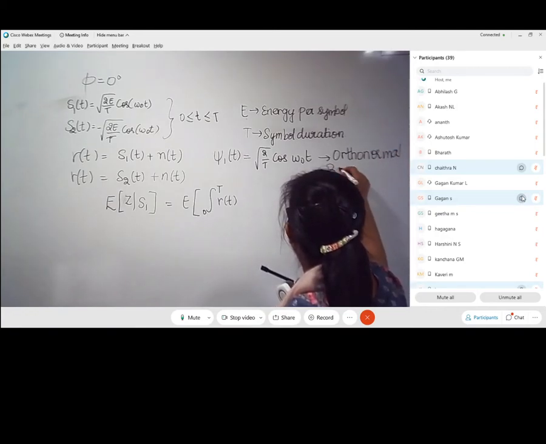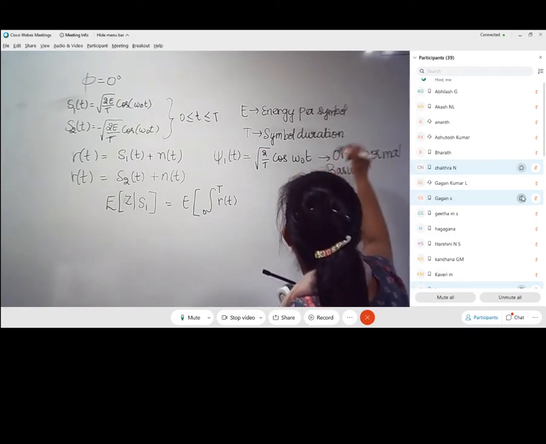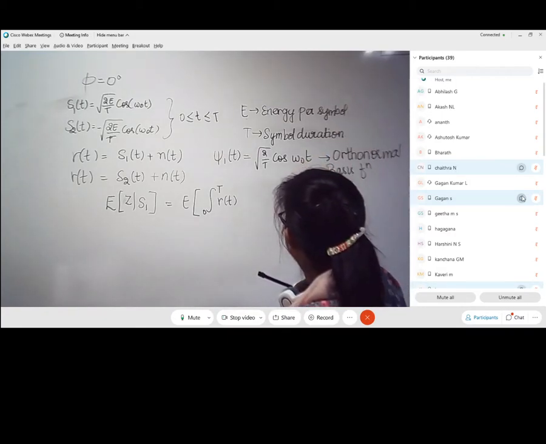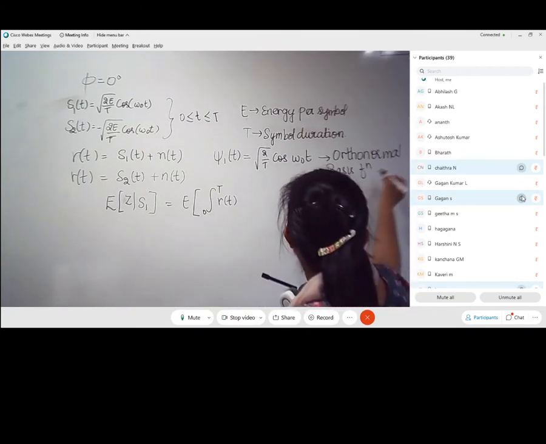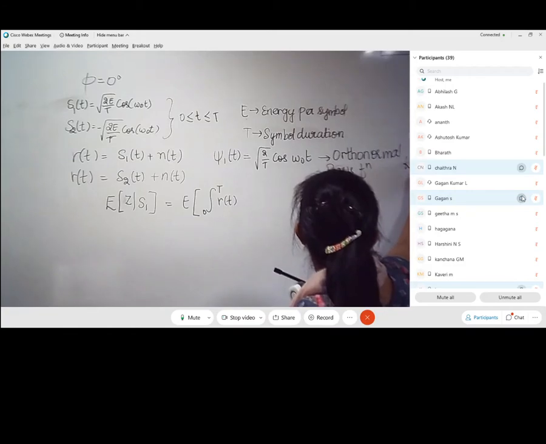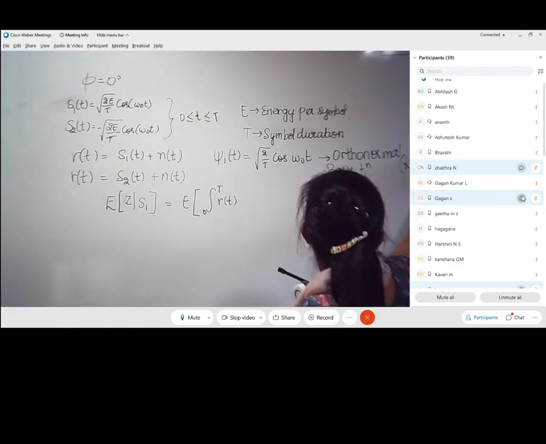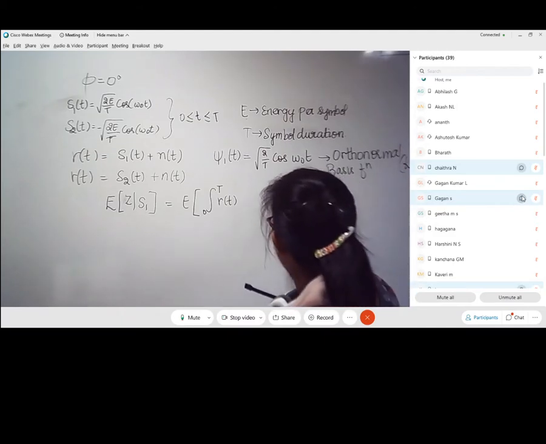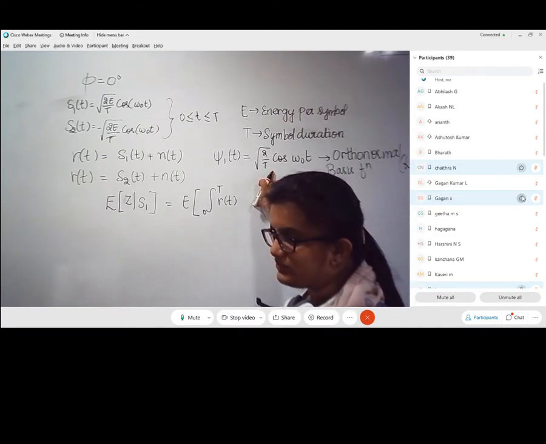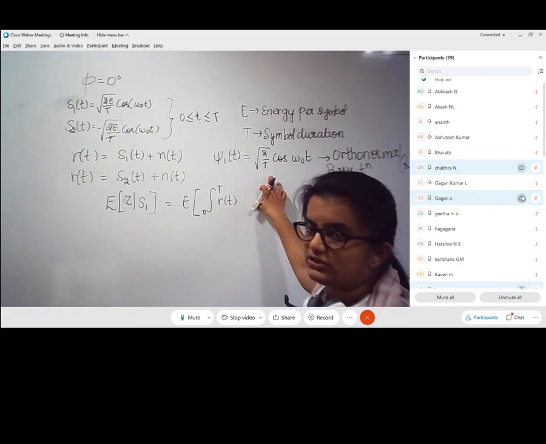What do you mean by orthonormal? I had given the identity of the Kronecker delta function, which is the condition for the orthogonality of two basis functions. In that case, when k and j are equal, the value is 1, and we call such a basis function an orthonormal basis function. Therefore, I am considering one such orthonormal basis function with amplitude root 2 by t.